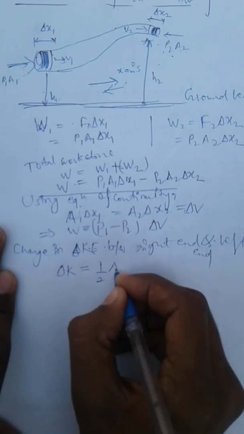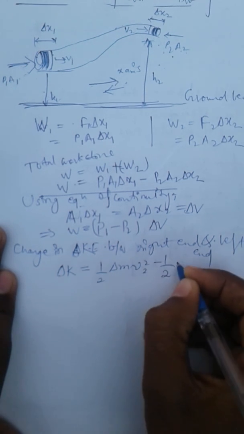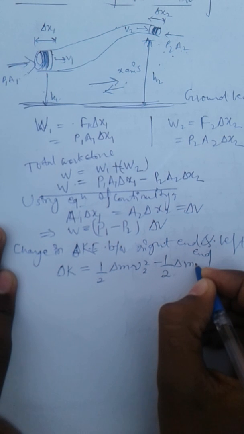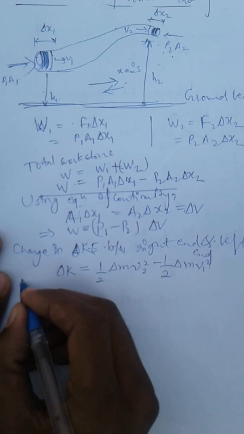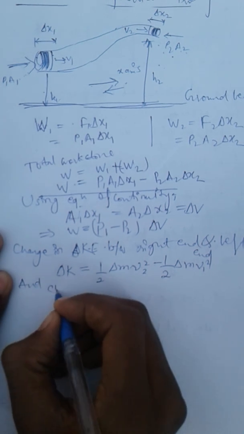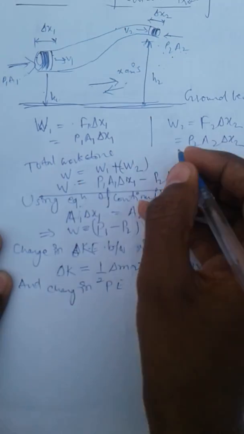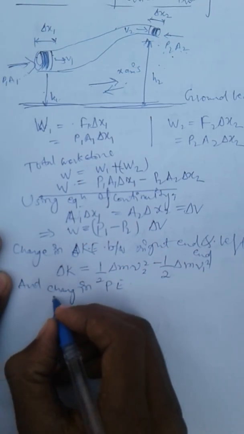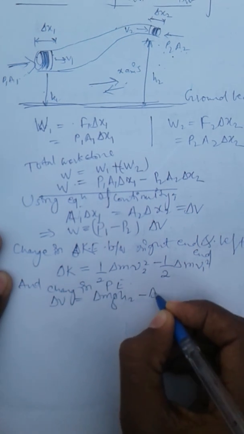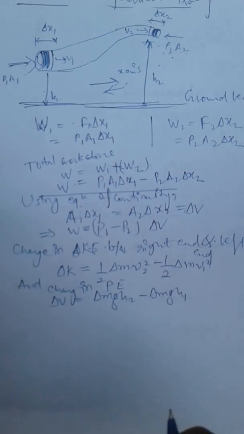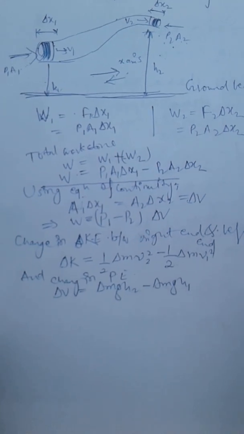Del k equal to half del m v2 square minus half del m v1 square. And the change in potential energy between the right hand and left hand, del u equal to del m g h2 minus del m g h1. Okay, understand?